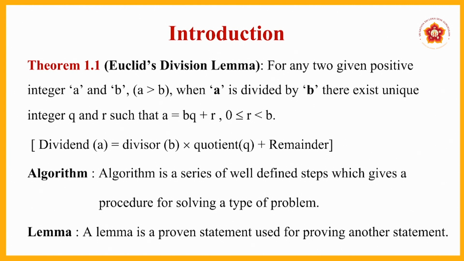This is nothing but dividend is equal to divisor into quotient plus remainder. This theorem was known before Euclid to our ancient civilization, but Euclid published this lemma in his famous book, the Elements. This lemma comes under book number 7.